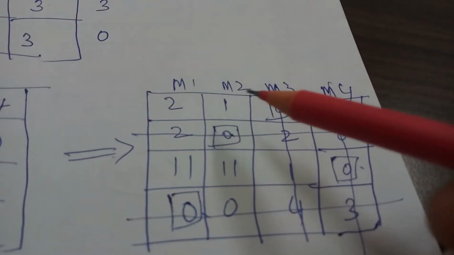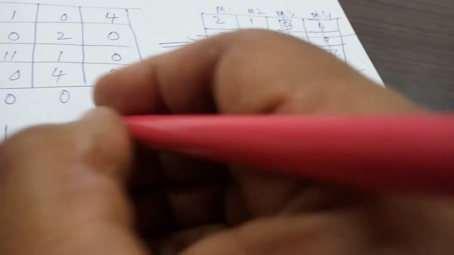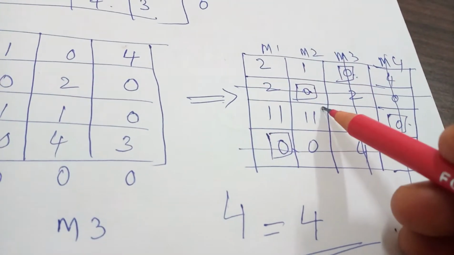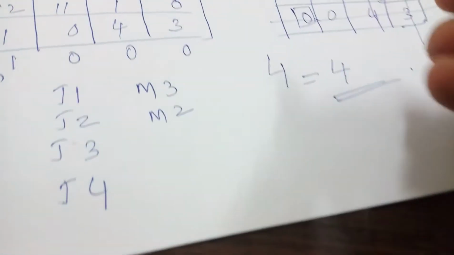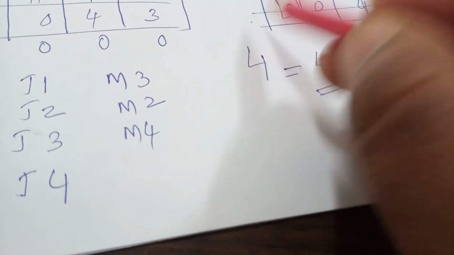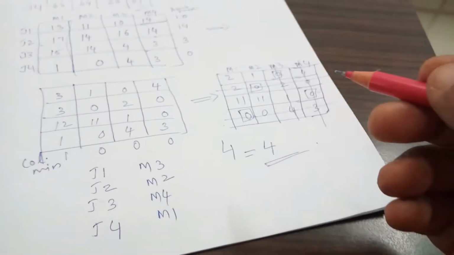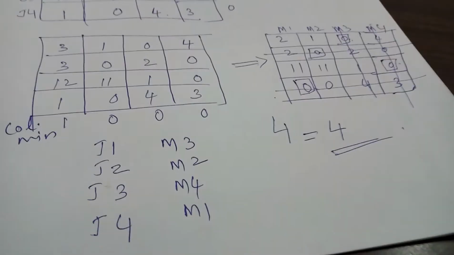So the first is job 1 to machine 3. Job 2 to machine 2. Job 3 to machine 4. Job 4 to machine 1. So you got this: job 1 to machine 3, job 2 to machine 2, job 3 to machine 4, job 4 to machine 1.